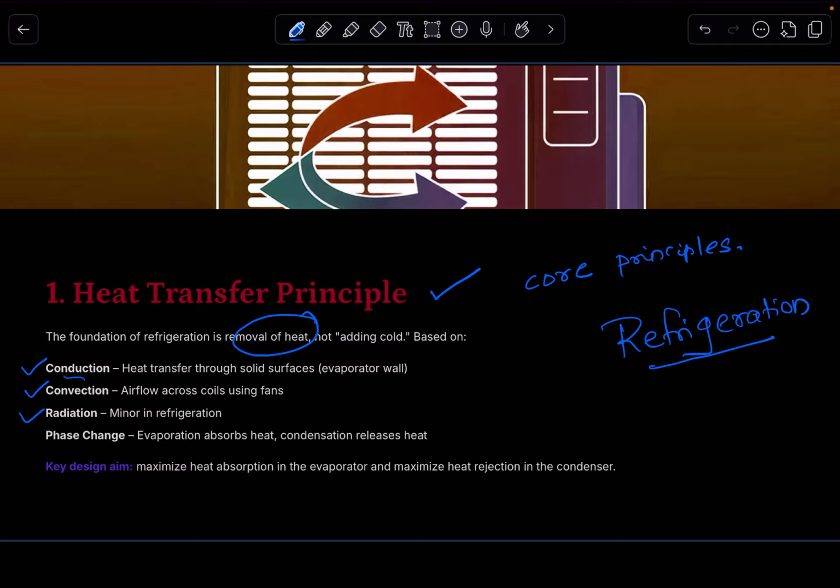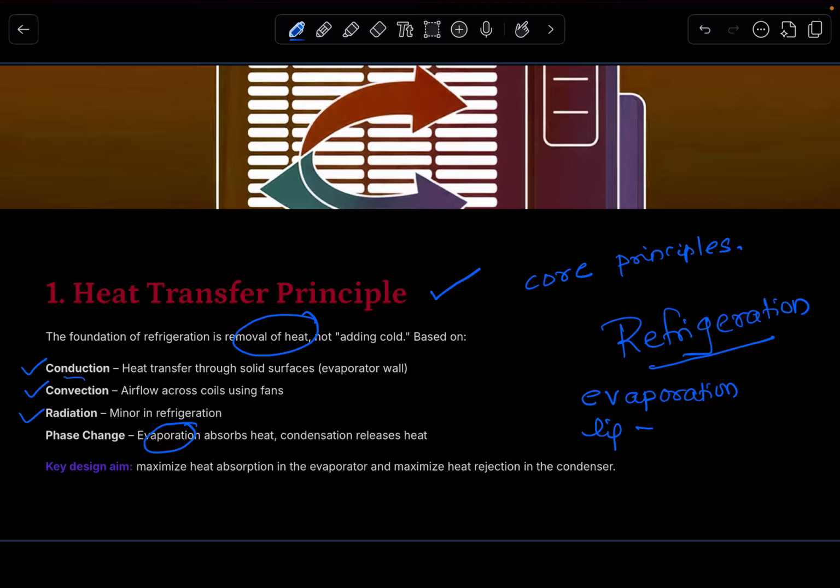We also need to understand that the process of heat transfer happening in the evaporator section of the refrigeration system is mainly by phase change or evaporation. And you know that evaporation is conversion of the liquid refrigerant to the gas refrigerant, right?